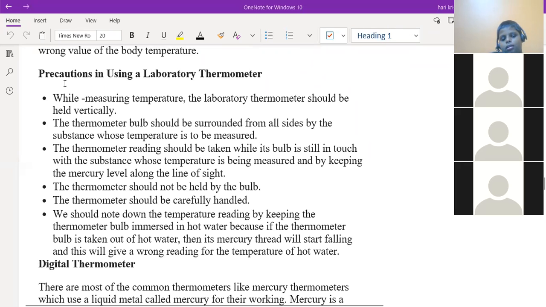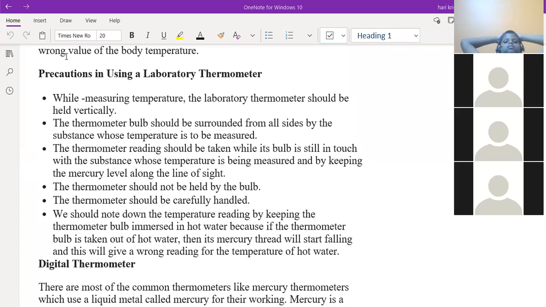Just read these precaution points. While measuring temperature, a laboratory thermometer should be held vertically. The thermometer bulb should be surrounded from all sides by the substance whose temperature is to be measured.